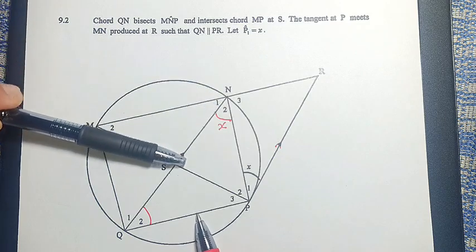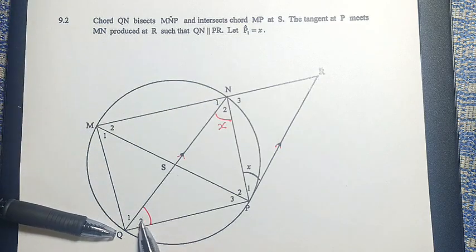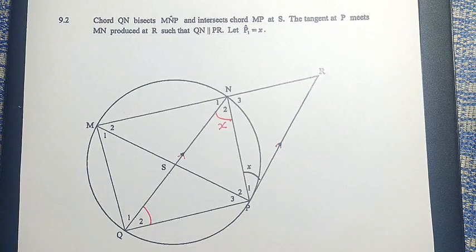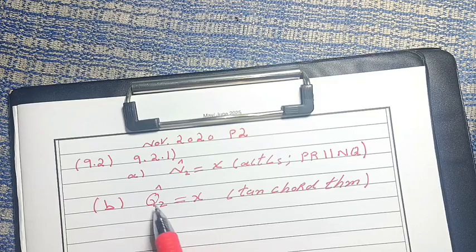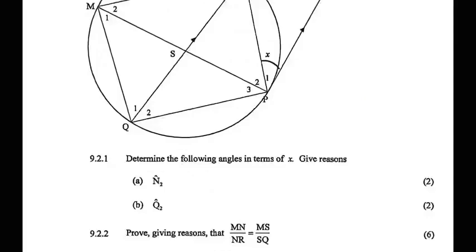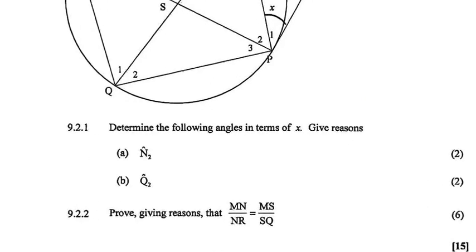This chord forms another angle Q2, so it is going to be equal to x. We say tan chord theorem: angle Q2 is equal to x, tan chord theorem.